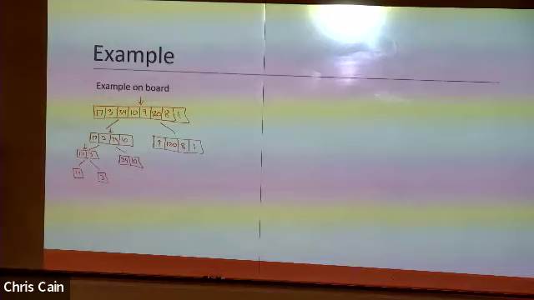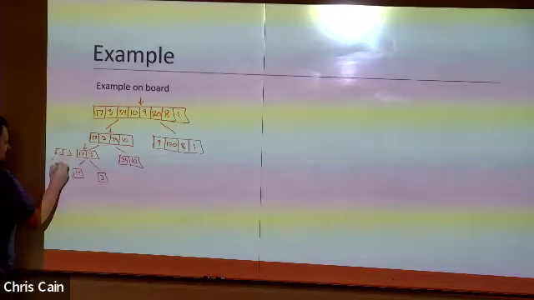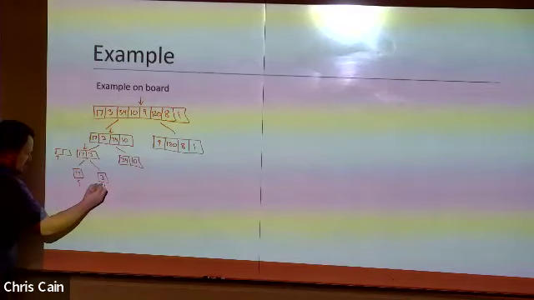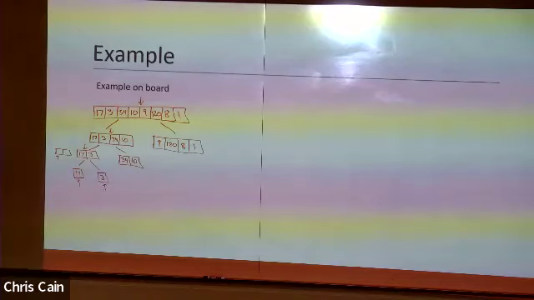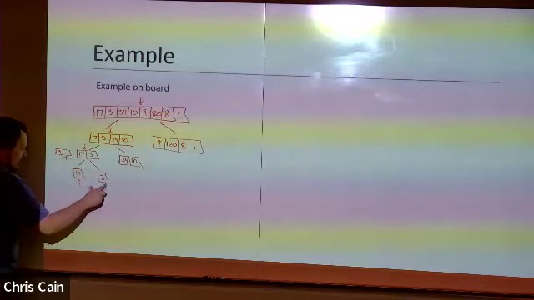To figure out what we're actually going to do with this, we're going to make a new array. And we're going to place a pointer here at index 0, here at index 0, and here at index 0. What gets copied into this index 0 is whatever is the smallest of this value and this value. So what is smaller, 17 or 3? 3. So we copy this into there, bumping up this pointer and this pointer.